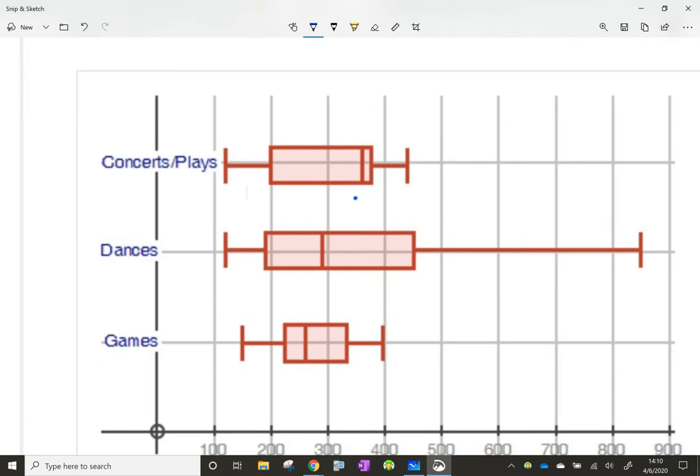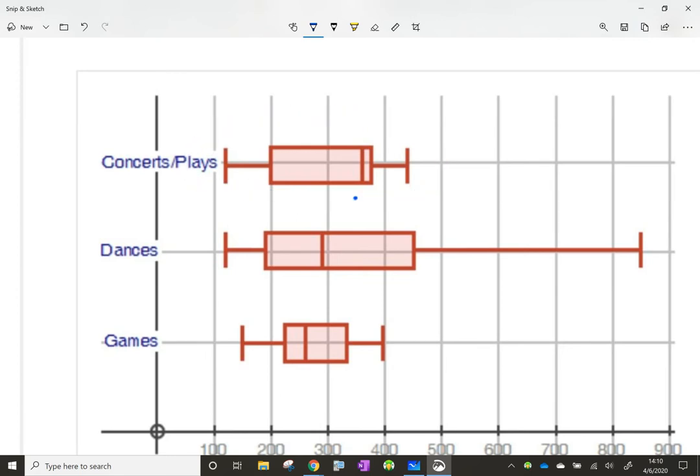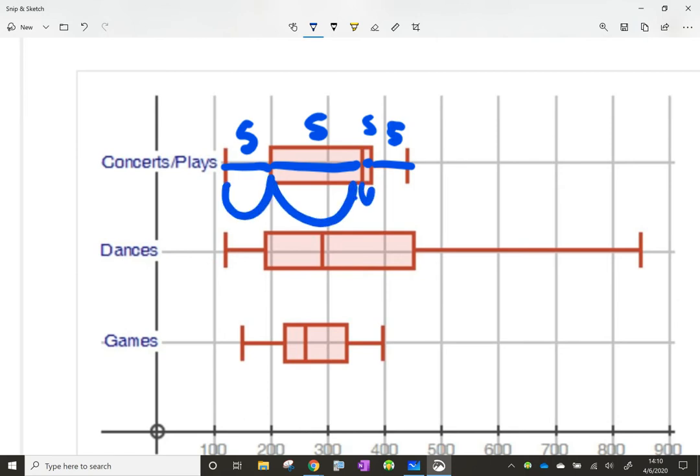So if I had a list of 20 numbers, 5 of those numbers would fall within this range, 5 within this range, 5 more within that little range, and 5 numbers in that last range. Each section would still have exactly 5 numbers in it.